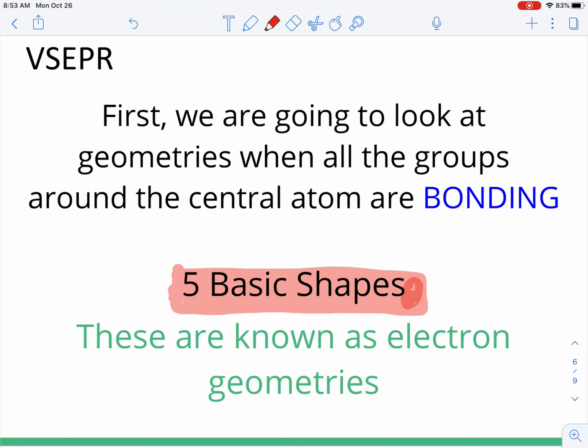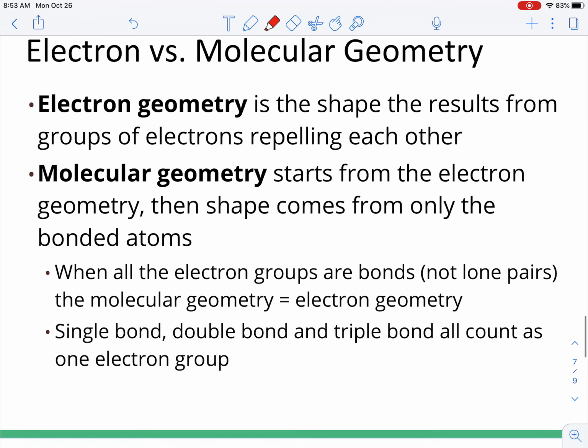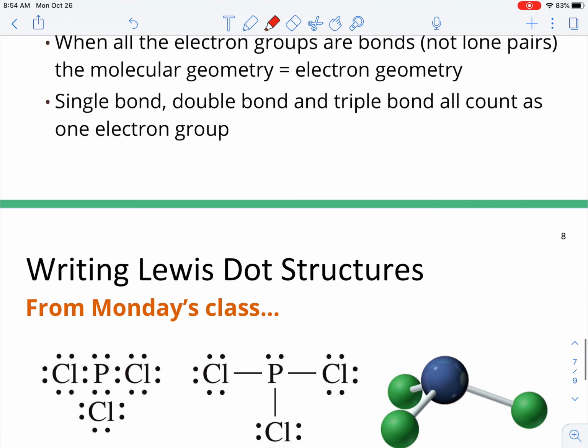Electron geometry is the shape that results from the groups of electrons repelling each other. So this is like the general shape, and molecular geometry is going to tell us more specifically how many lone pairs versus bonds we have.